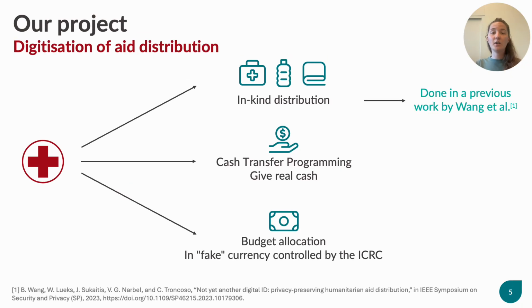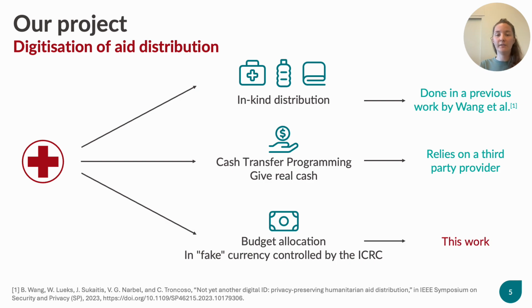The digitization of in-kind distribution has already been solved in a previous work by Wang et al. The cash transfer programming relies on a third-party provider. Thus, this work aims to digitize the allocation of a budget through creating virtual currency they control.